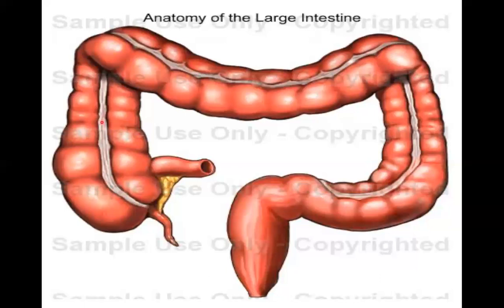Regarding the teniae coli, to understand their commencement, they start from the base of the appendix. And if you ask where they end, they end at the lower half of the sigmoid colon, where they continue with the outer longitudinal coat of the rectum.